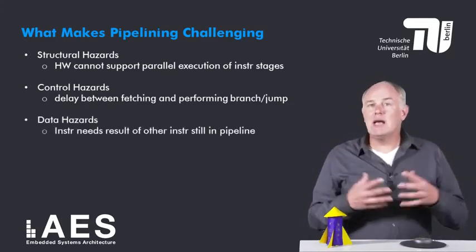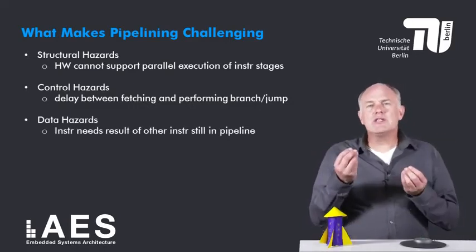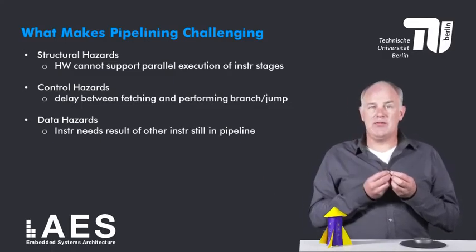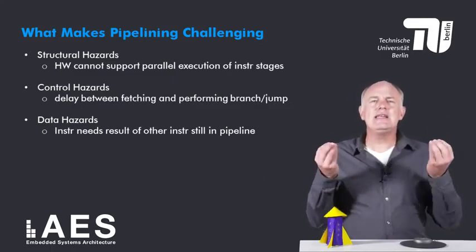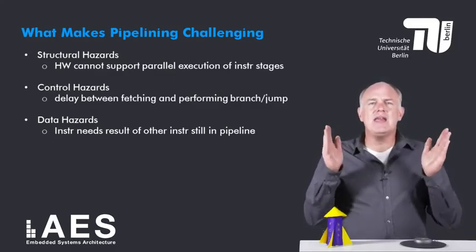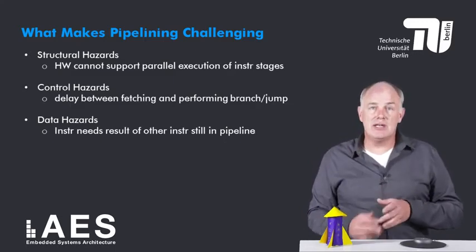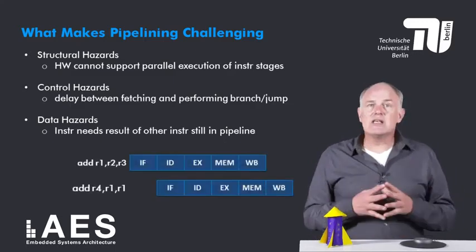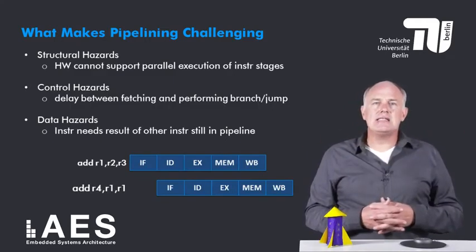The third type of hazard is called a data hazard. It occurs because the register file is written in the 5th stage, the write-back stage, while it is read in the 2nd stage, the ID stage. That means that if an instruction uses the result of a previous instruction, as in this example, it will read old or stale data as it is now.